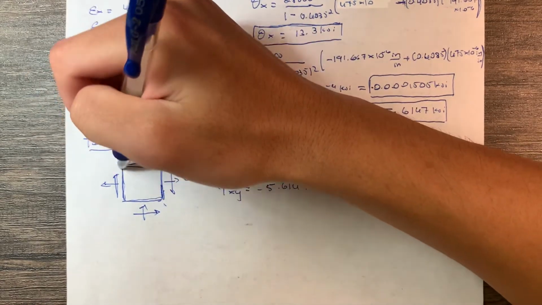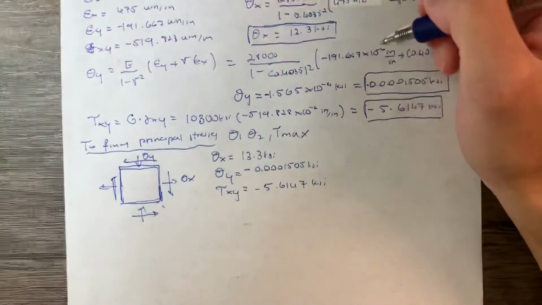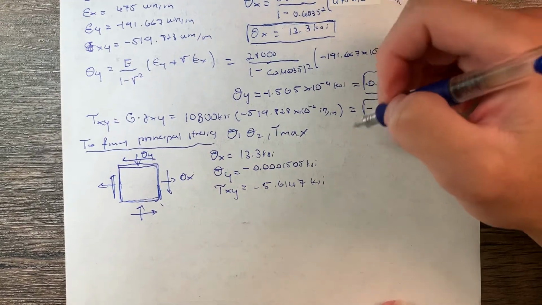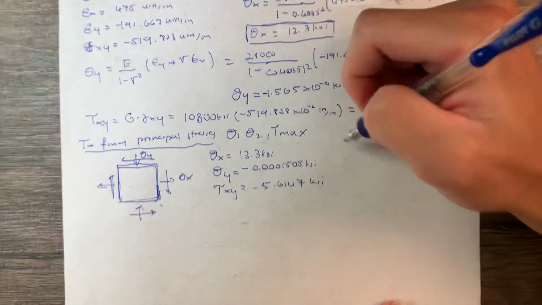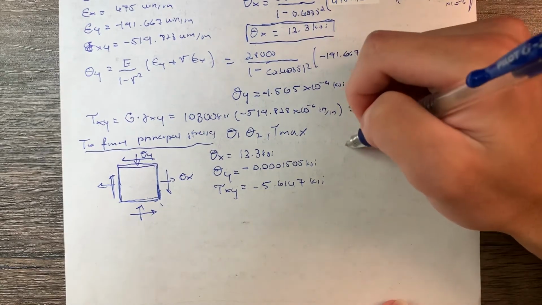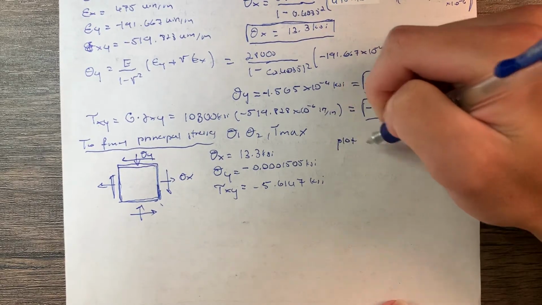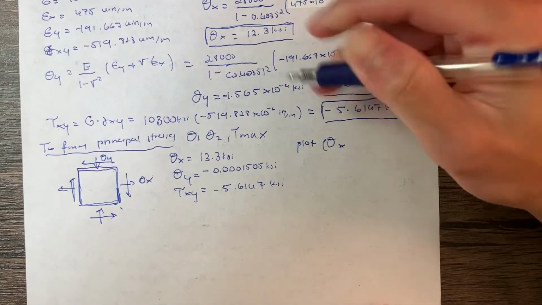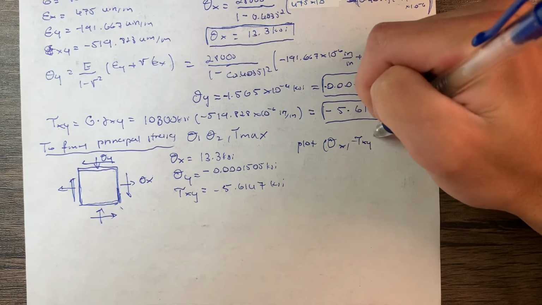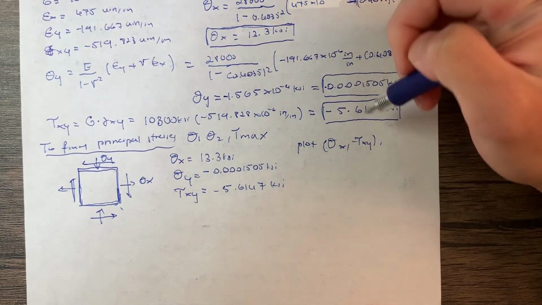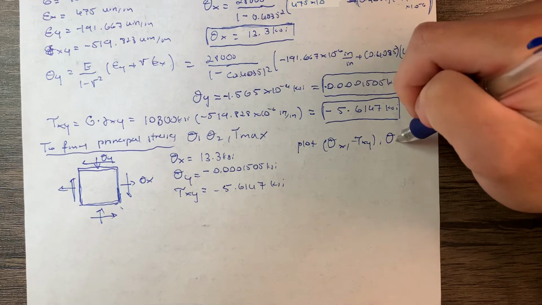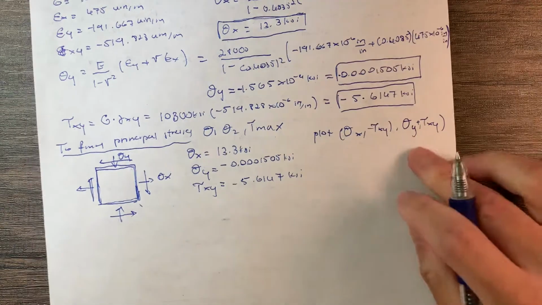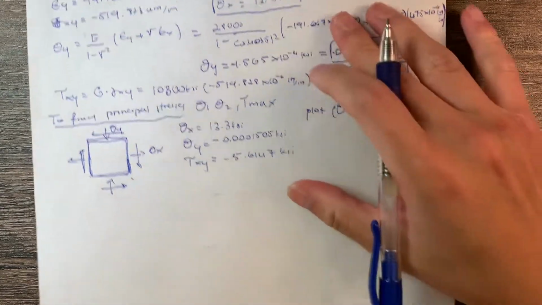To construct a Mohr circle to find the principal stresses, we need to plot sigma x, negative tau xy, and sigma y, positive tau xy.